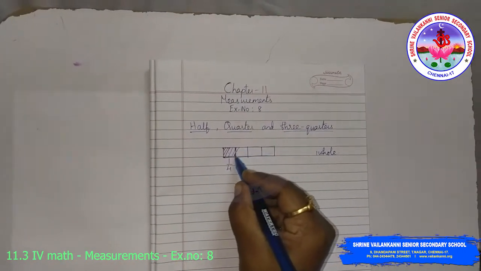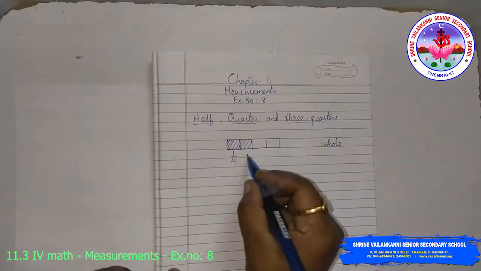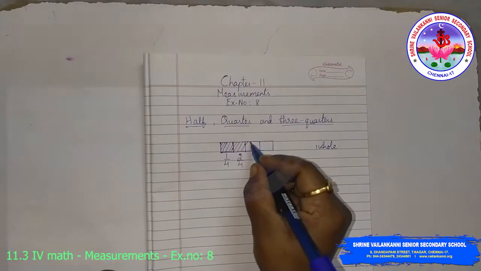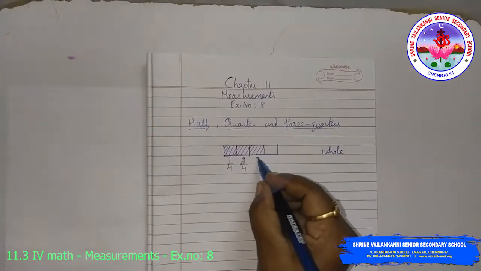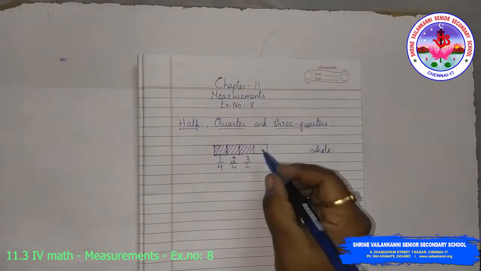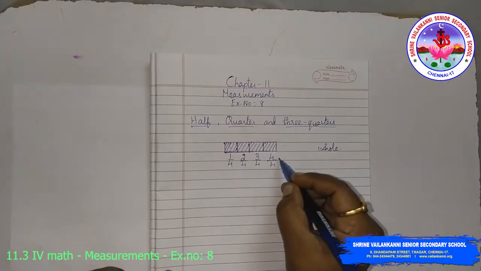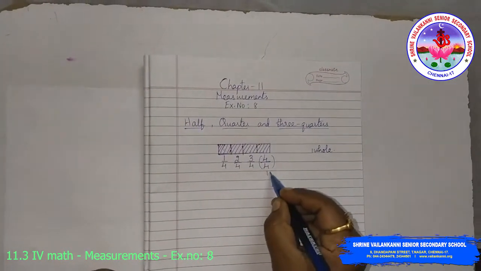If I include the second part also, it is 2/4. If I include the third part, it is 3/4. If I include the fourth part also, it is 4/4, which is equal to 1 whole.